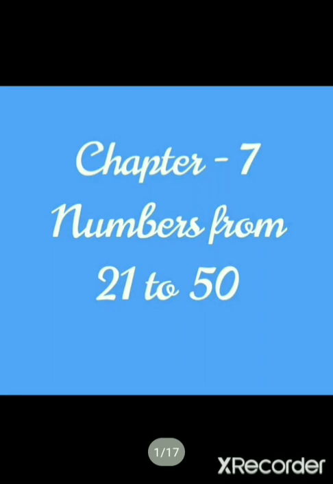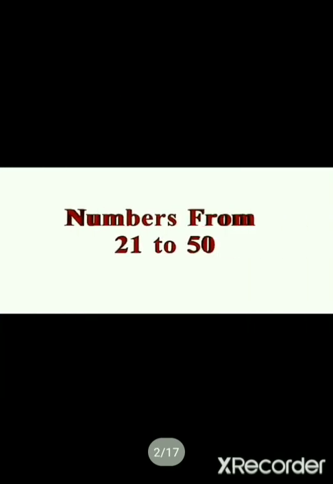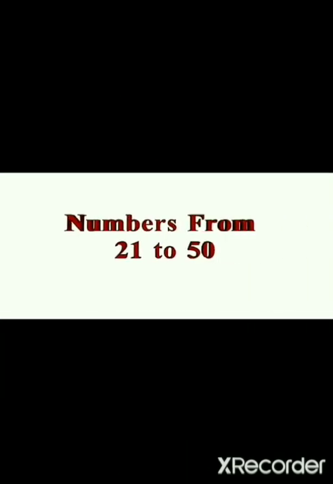So, today I am going to start Maths chapter number 7, which is numbers from 21 to 50. Students, in this chapter, we will know about the numbers and the number names from 21 to 50.